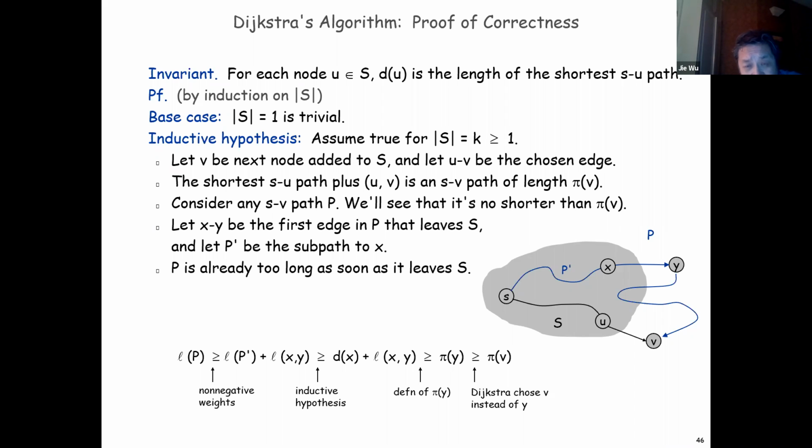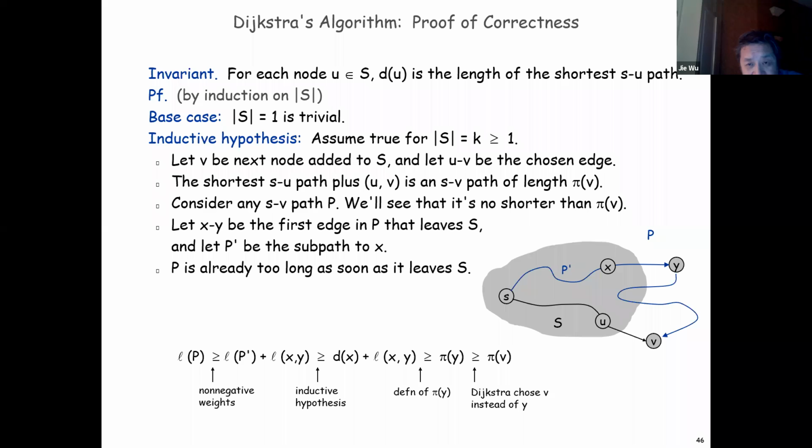So that's a greedy approach. At each round, you find another node with the shortest path. So you build the shortest paths upon a set of nodes' shortest paths.